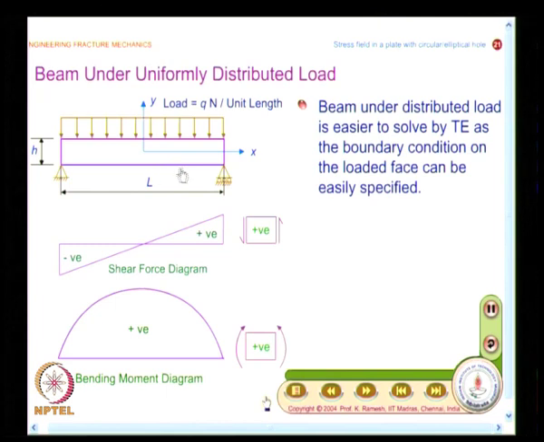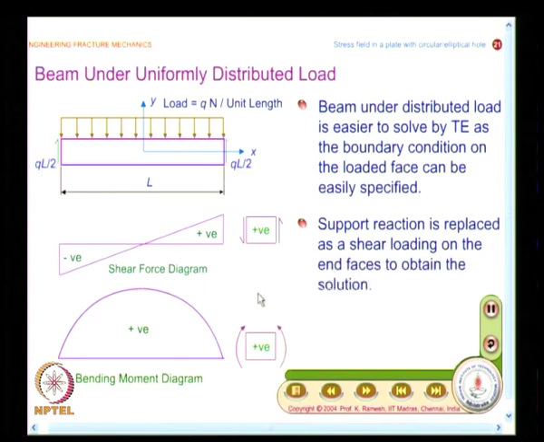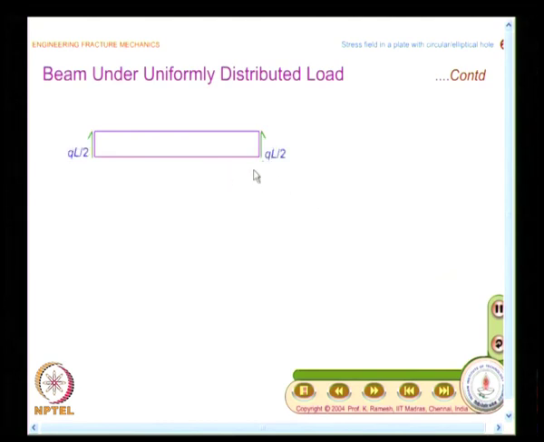So, this is one of the simplest problems taken up while developing concepts in theory of elasticity. One of the first things you do, in order to write the boundary condition, is replace the support reactions by the shear loading on the end faces. And this is what is indicated here for clarity.